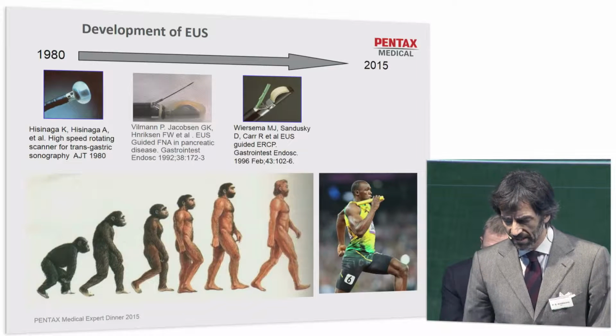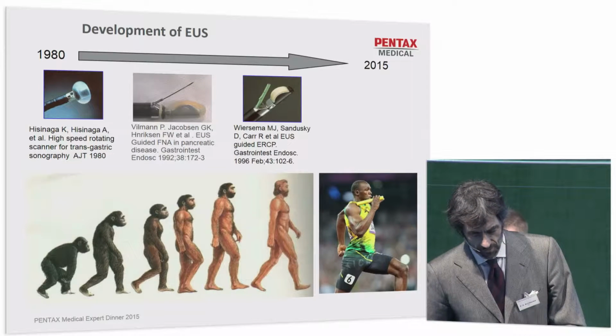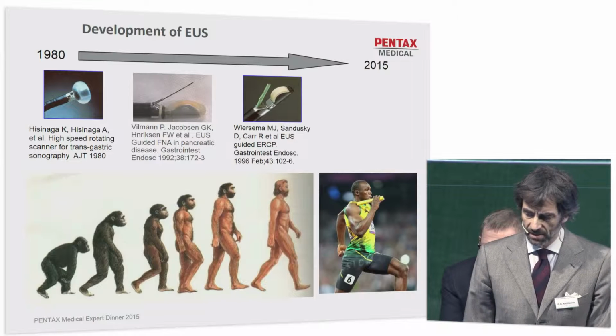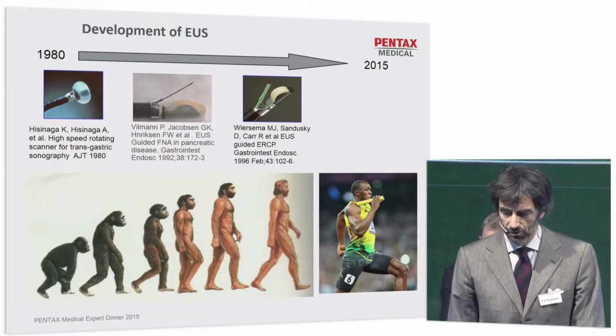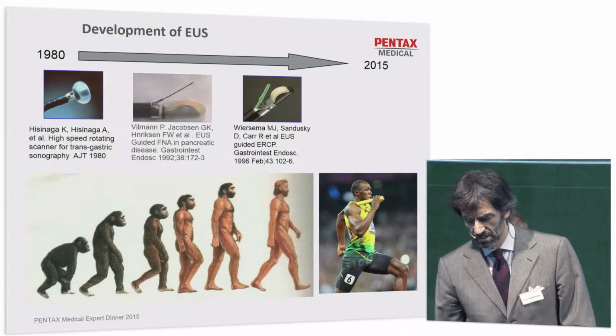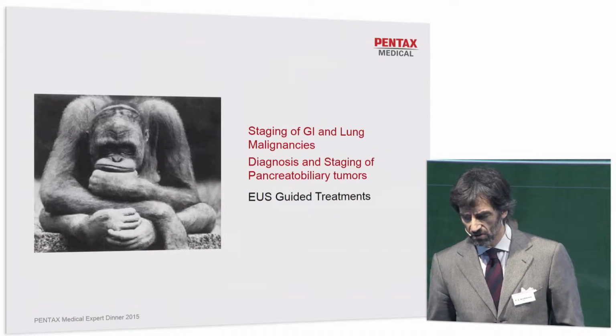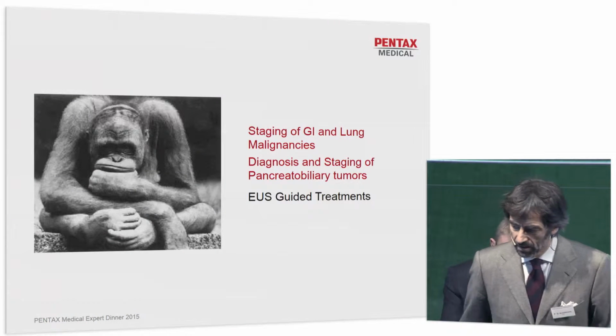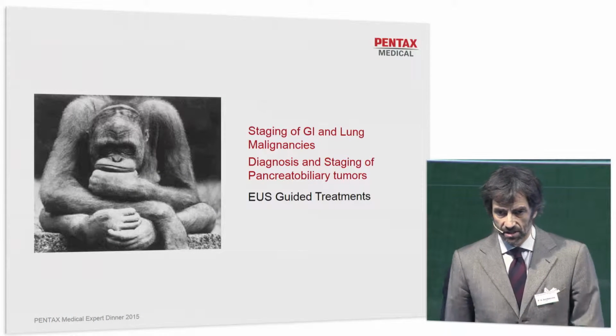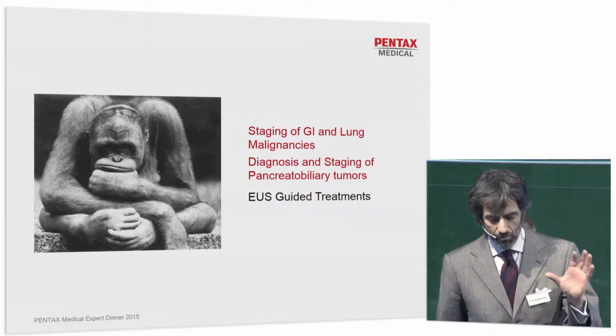And so in 1996, we had the first paper presenting the possibility to perform not only diagnostic EUS, but also therapeutic EUS. So nowadays, in 2015, we are looking at EUS for two main issues.